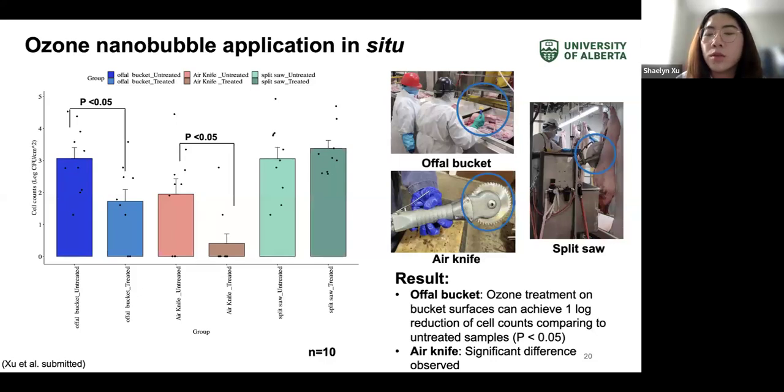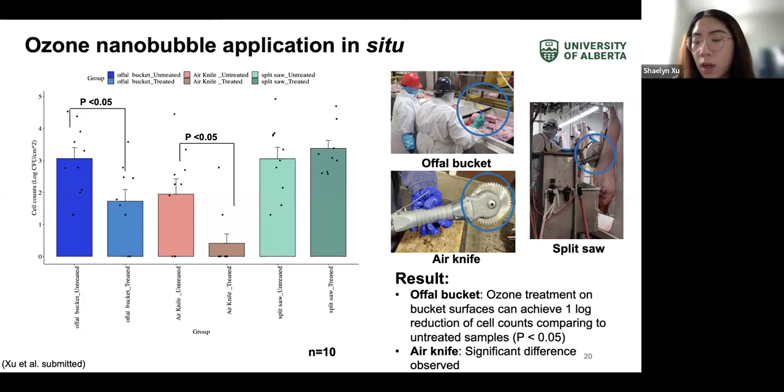For the in situ validations, we collected 10 different offal buckets, razor knives, as well as split saws, and washed them with either water or ozone nanobubbles. What you can find here is that for the offal buckets, ozone treatment on the bucket surfaces can achieve at least 1 log cell reduction compared to the untreated samples.